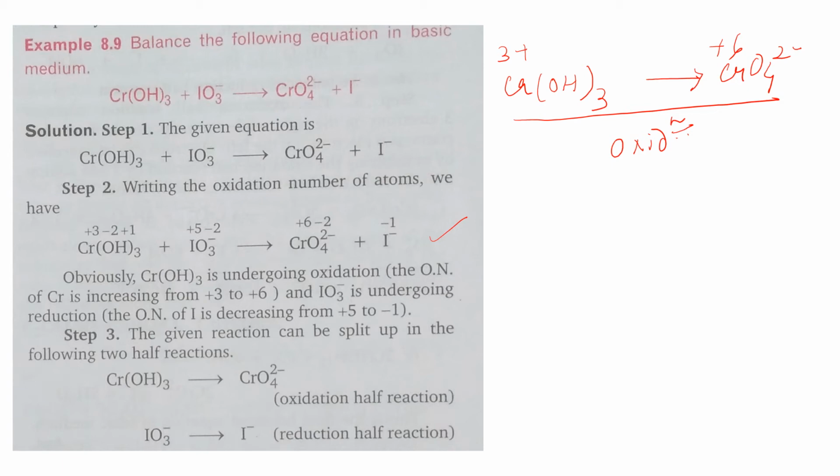And I can see that IO3 minus is going to I minus, where on the left hand side I is plus 5 and on the right hand side I is minus 1. That means there is a decrease in oxidation number. So this is the reduction half reaction. After this, I have to balance the oxidation half reaction and reduction half reaction separately. Okay.